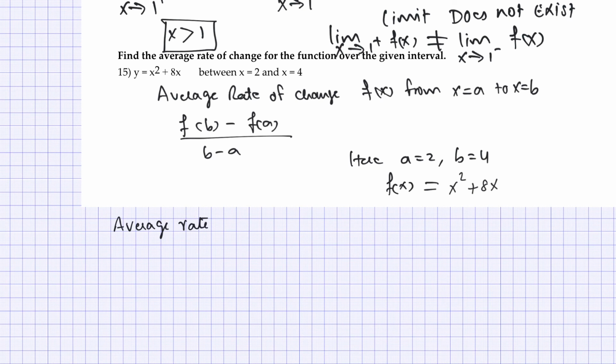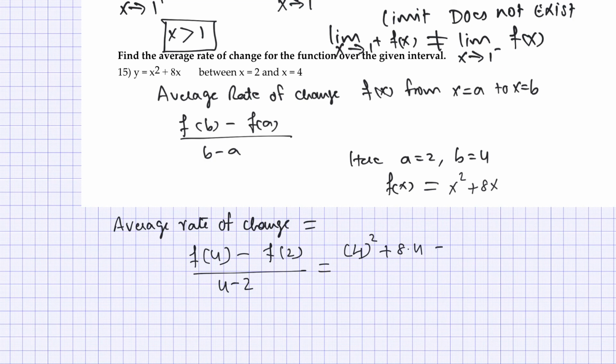The average rate of change from x equals 2 to x equals 4 is equal to f of 4 minus f of 2 over 4 minus 2, which is equal to 4 squared plus 8 times 4 minus the quantity 2 squared plus 8 times 2, divided by 2.